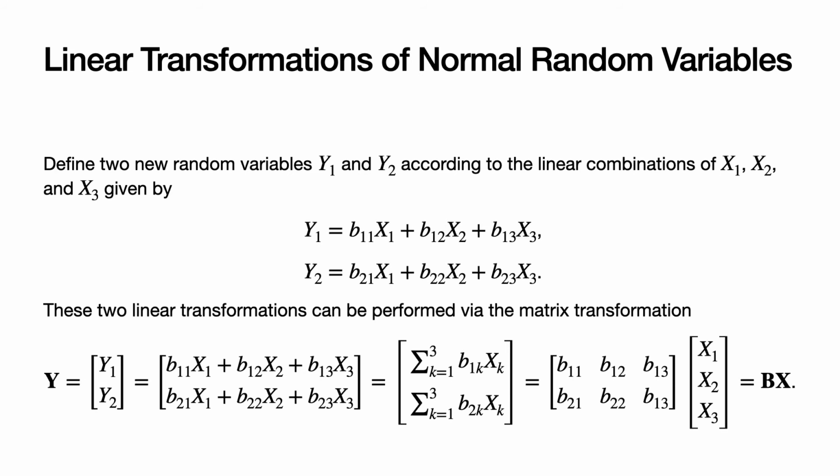Now these two linear transformations can be performed via the matrix transformation y equal to B times x, where y is the 2×1 vector containing the two individual random variables y1 and y2, and then B is the 2×3 linear transformation matrix with entries b11, b12, b13, the coefficients for y1, and the second row contains the entries b21, b22, and b23, which are the coefficients that are used in defining y2.